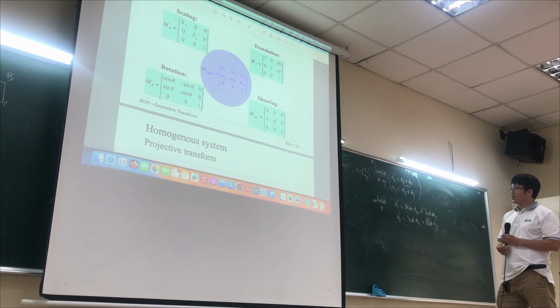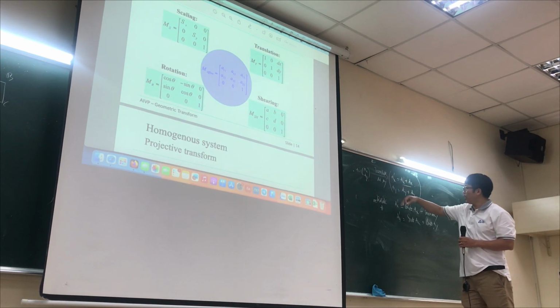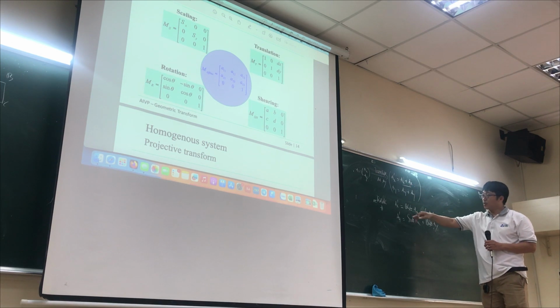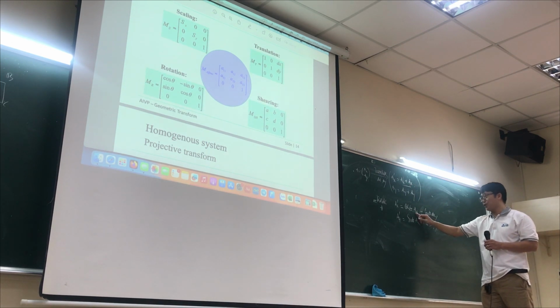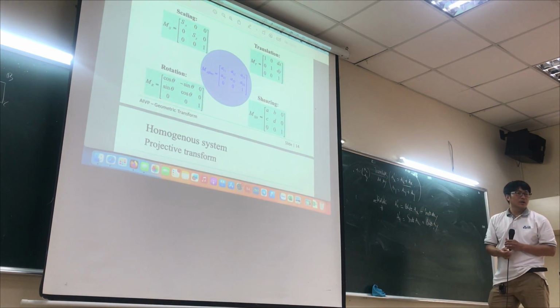So you can see, for translation you have to perform addition, and for rotation you have to perform multiplication and also addition.